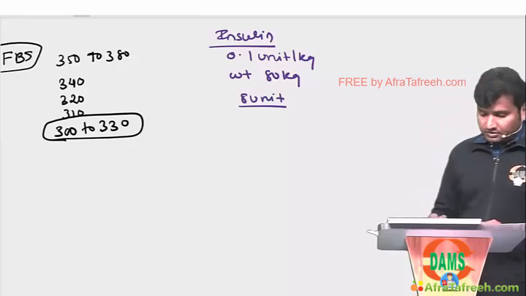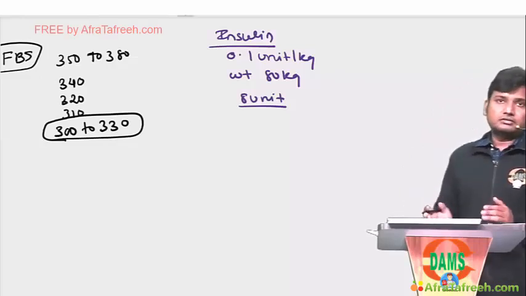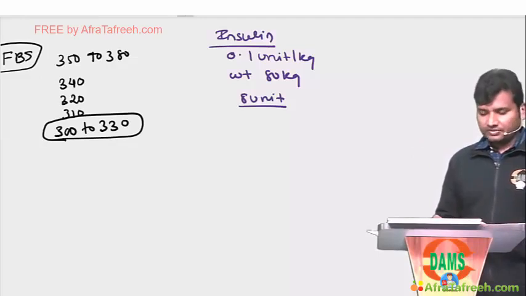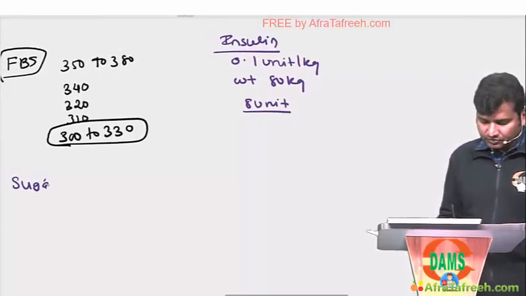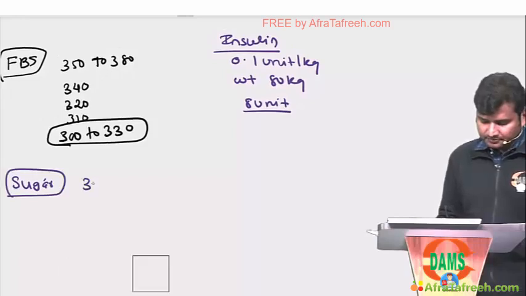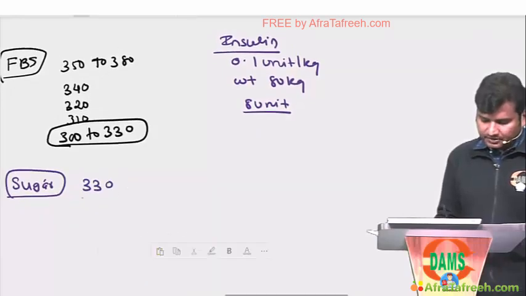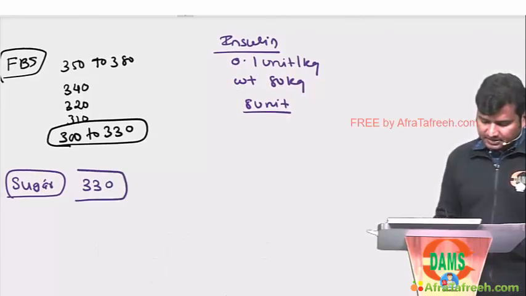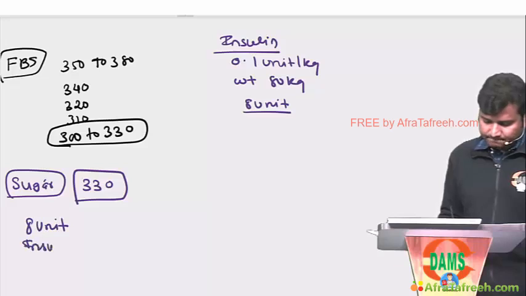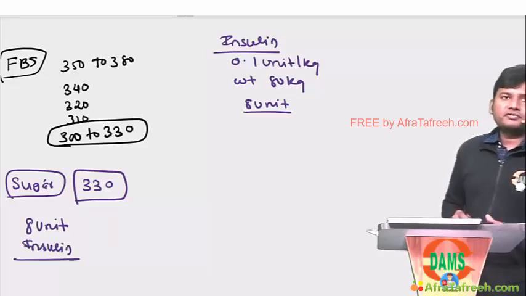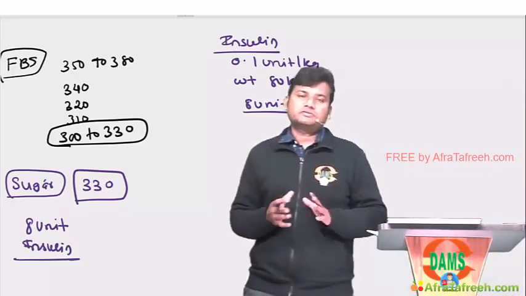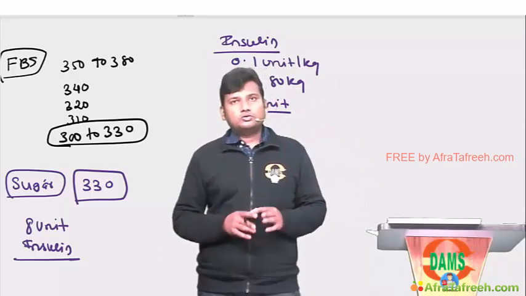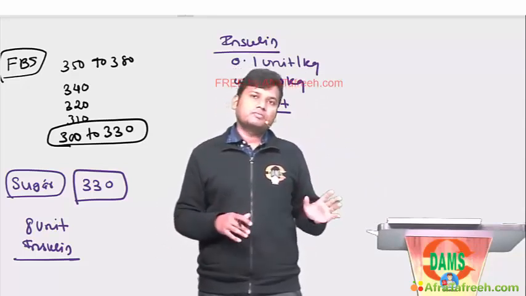Now, just for example, suppose before dinner the sugar level of the patient was around 330, and the patient has taken 8 units of insulin. After taking 8 units of insulin, the patient takes dinner, then sleeps very well. Throughout the night, no symptoms, no complaints.